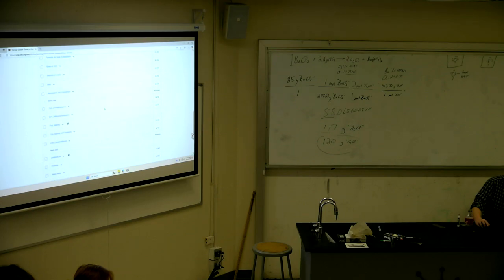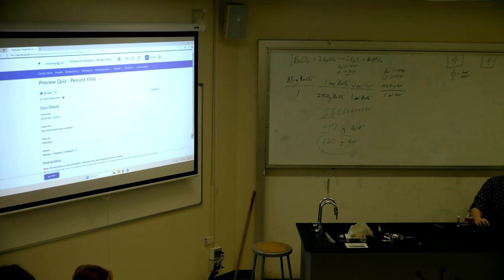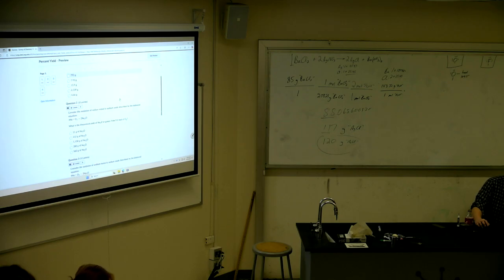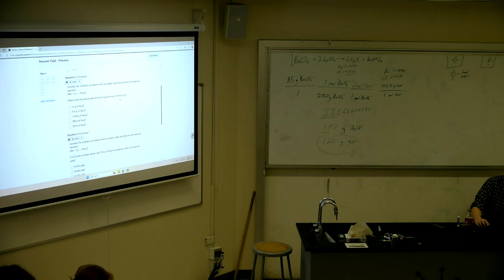So we've calculated theoretical yield a couple of times. We just didn't name it as theoretical yield. Now if we go on to percent yield, percent yield is actual divided by theoretical times 100%.